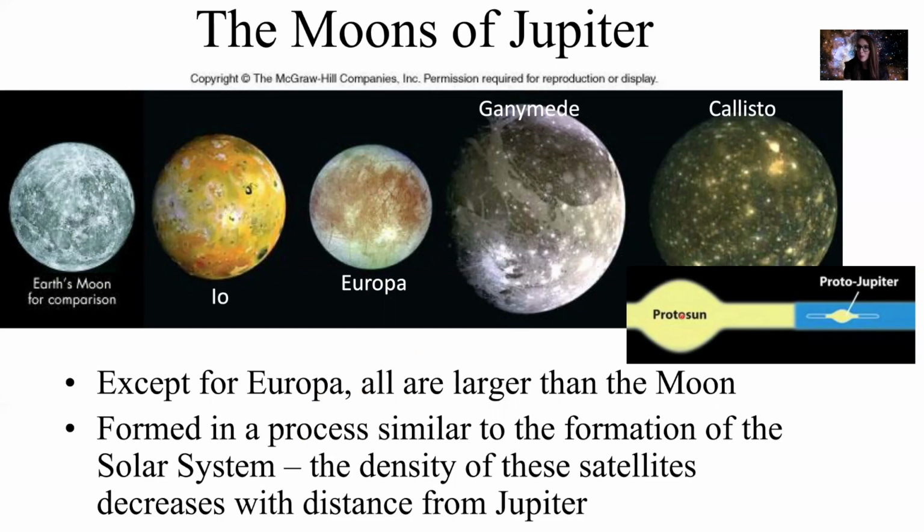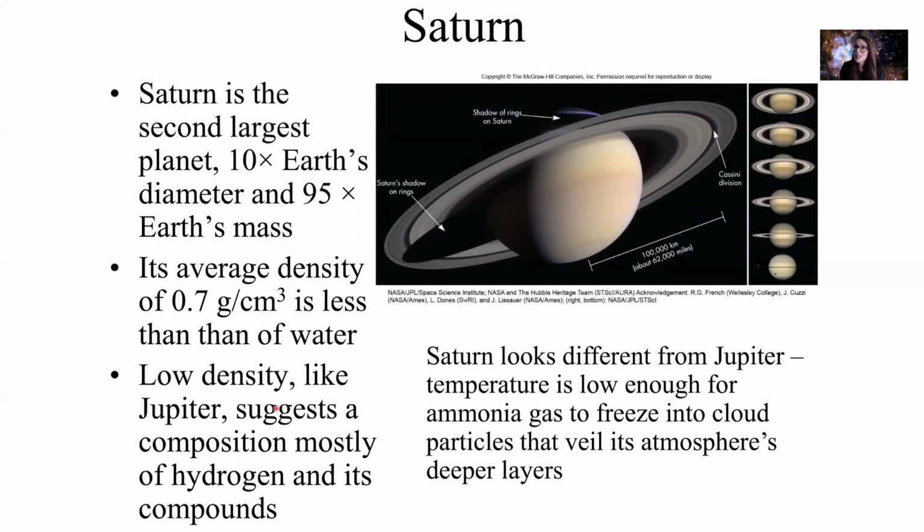So we had our proto-sun, around which we had the disk of material from which our planets formed. Here we had the proto-Jupiter, and around the proto-Jupiter we had a disk of material from which the Galilean moons formed.